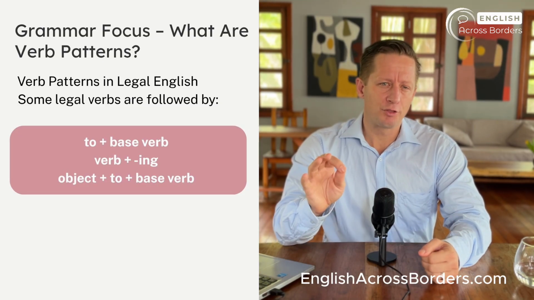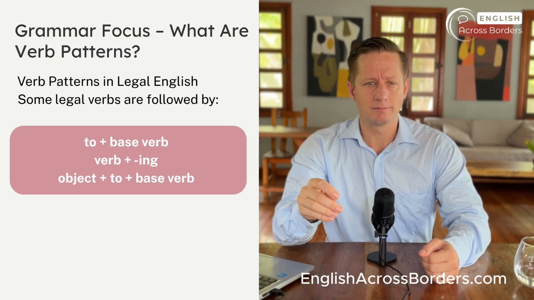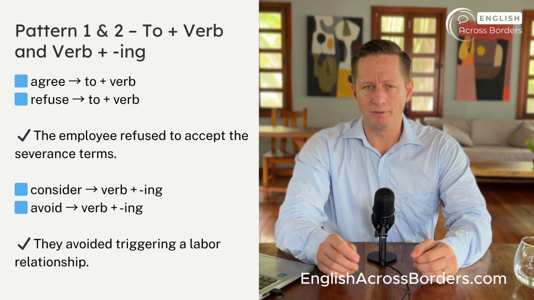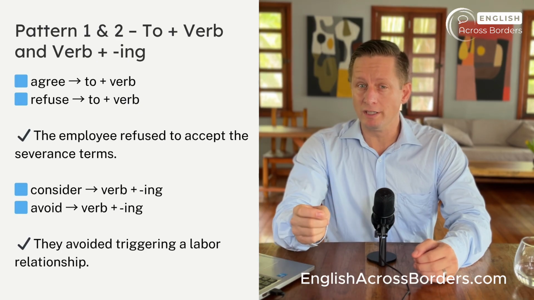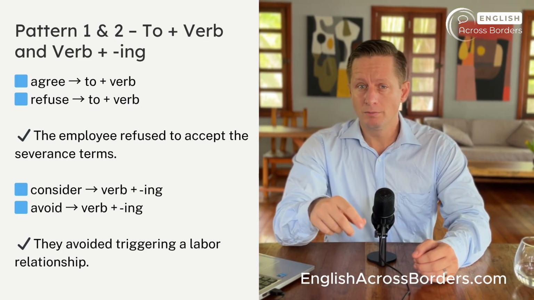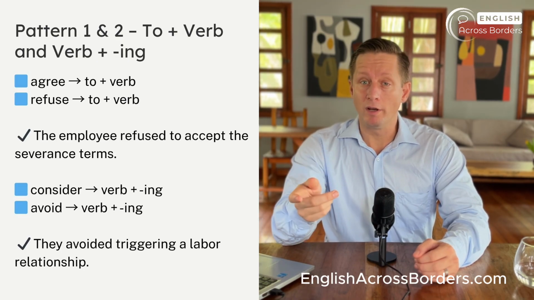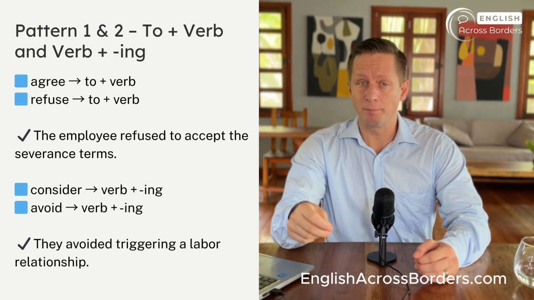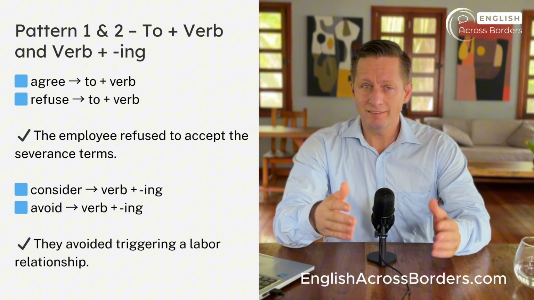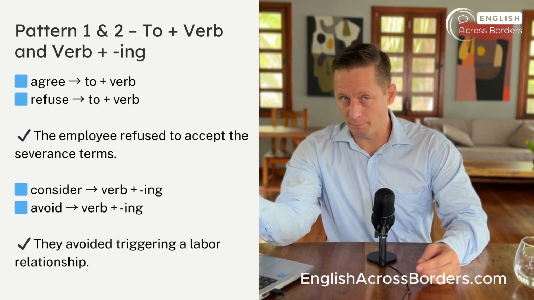Let's look at the three most important types you'll see in contracts and legal writing. Let's look at these common patterns, like the verbs agree or refuse. They're followed by to plus verb. For example, the employee refused to accept the severance terms. That's the structure. Refuse to accept, not refuse accepting.